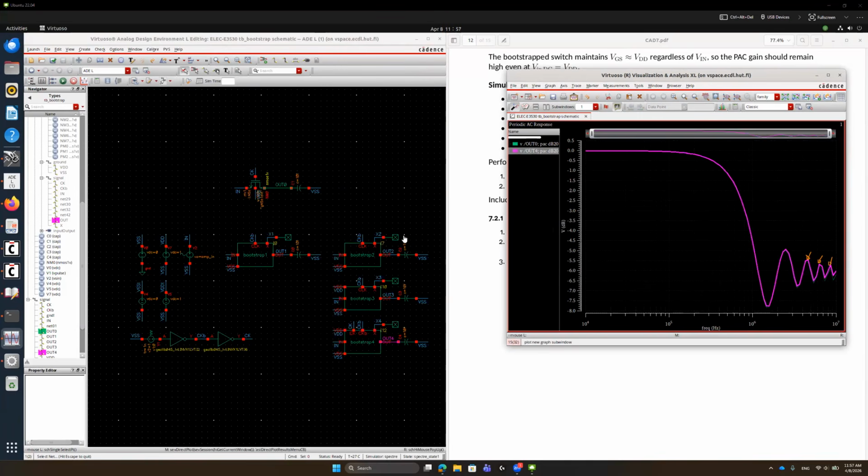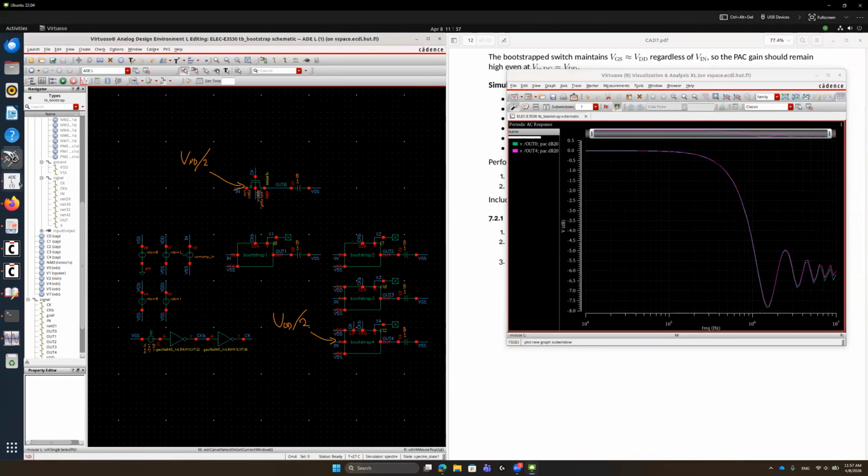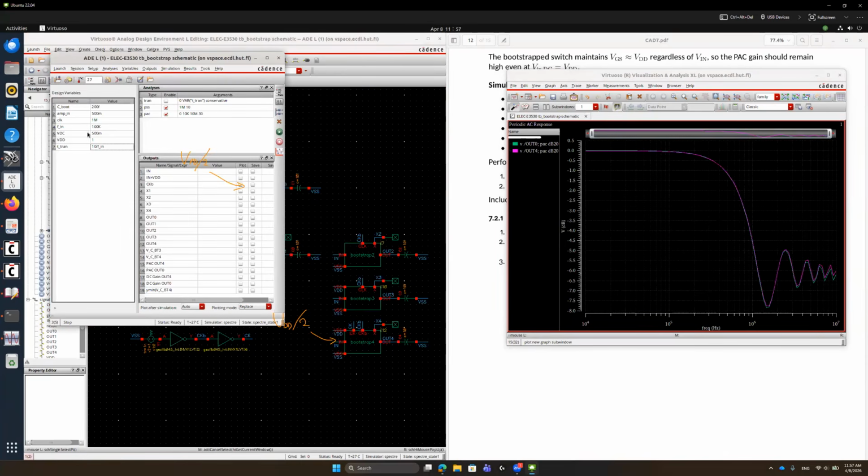So what I want to say is that our DC bias of input voltage is VDD over 2. This is still okay, right, to sample our voltage correctly, because I set it as 0.5 volt. But let's see what happens if I increase this one to 1 volt.